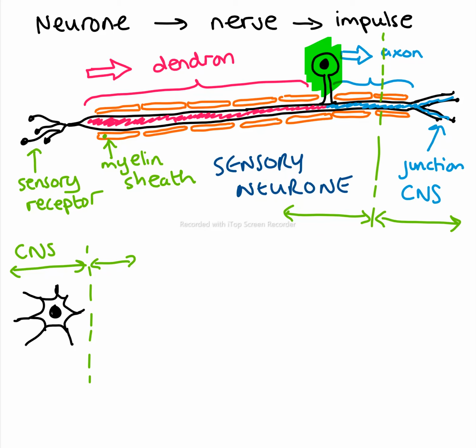And remember what we said. Let's use a blue. The impulse is traveling towards the cell body, so these little bits here are called dendrons. The little pieces that branch off them here are called dendrites. So the bigger ones are called dendrons and the smaller ones are called dendrites.